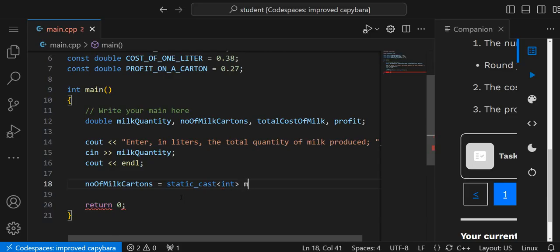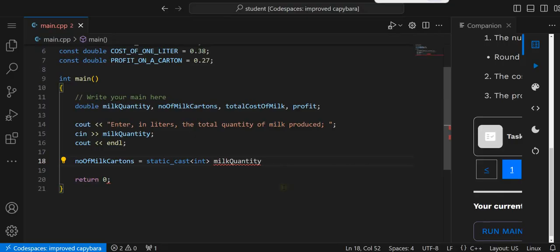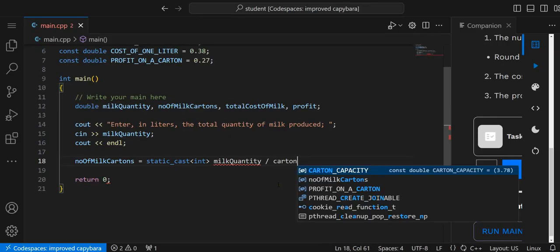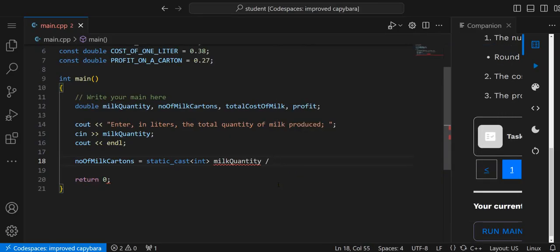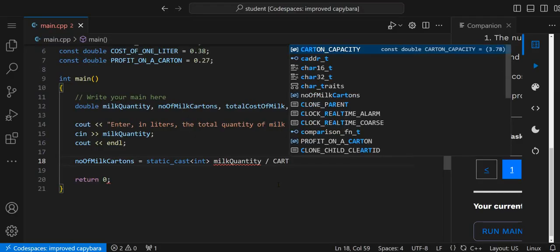Milk quantity divided by carton capacity.